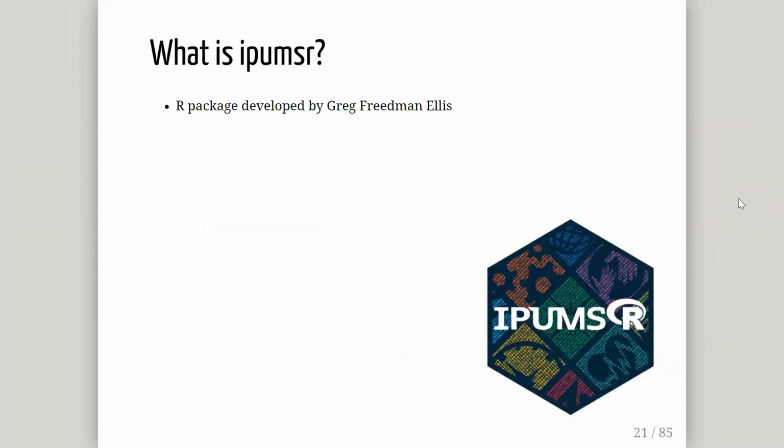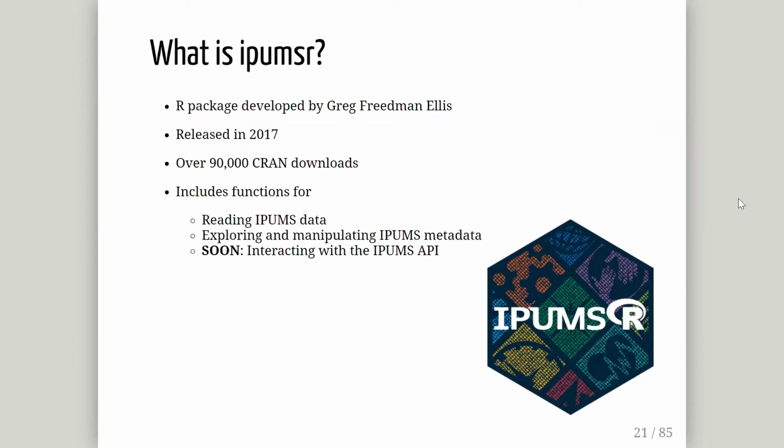So like Derek mentioned, this package was developed by Greg Freedman Ellis and released in 2017 on CRAN. It has well over 90,000 downloads at this point. And it includes several features. First and foremost, reading in your data from IPUMS. With so much data and so many different types and levels of data to work with, you can imagine you would need several different programs or several different scripts to really work with all the different types of data that you might be able to access from IPUMS.